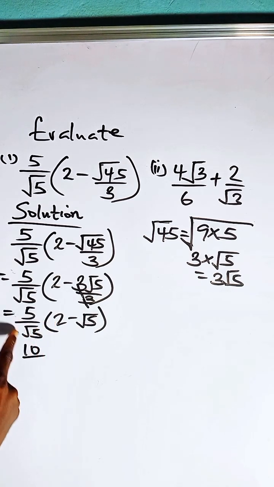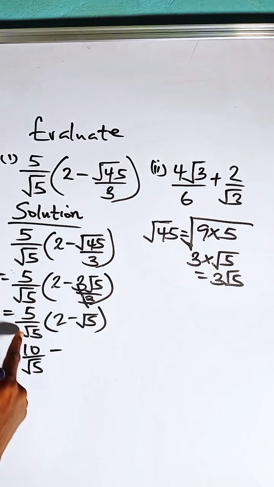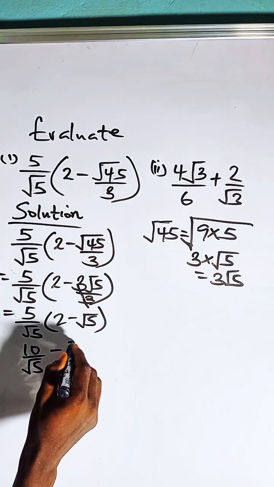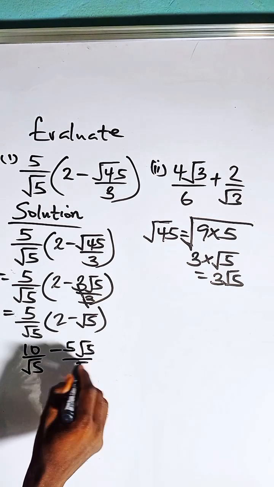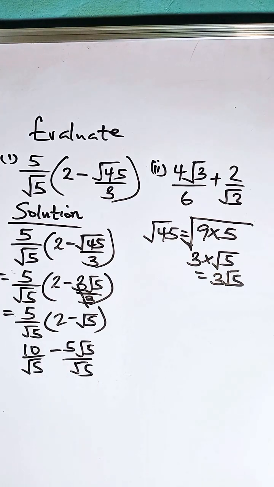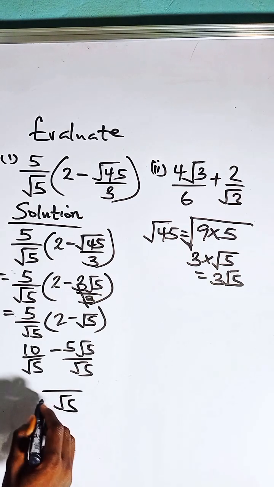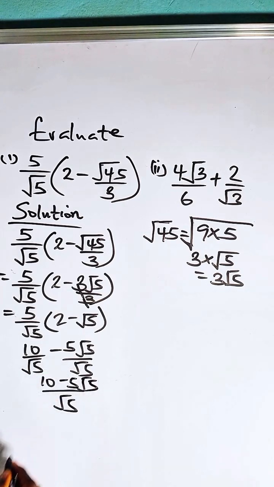So for 5 over root 5 times 2, we have 10 over root 5, minus 5 over root 5 times root 5, which is 5 root 5 over root 5. Since we have the same denominator, we have 10 minus 5 root 5, over root 5.